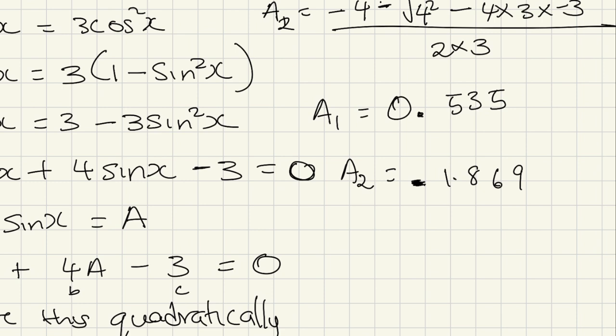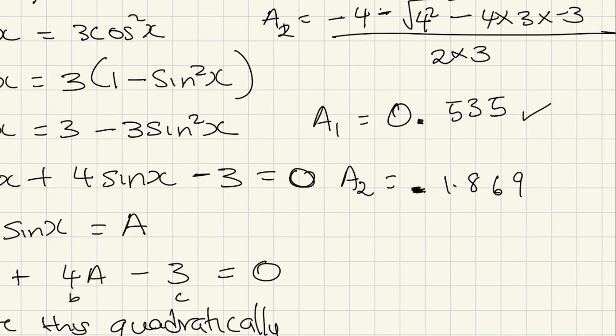That's going to be minus 4 plus the square root of 4 squared minus 4 times 3 times negative 3, divided by 6. Yes, so this is correct.